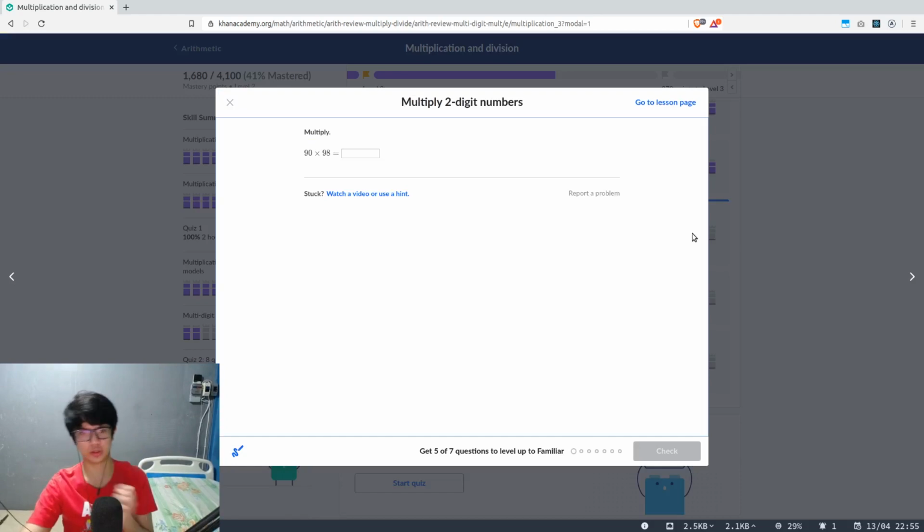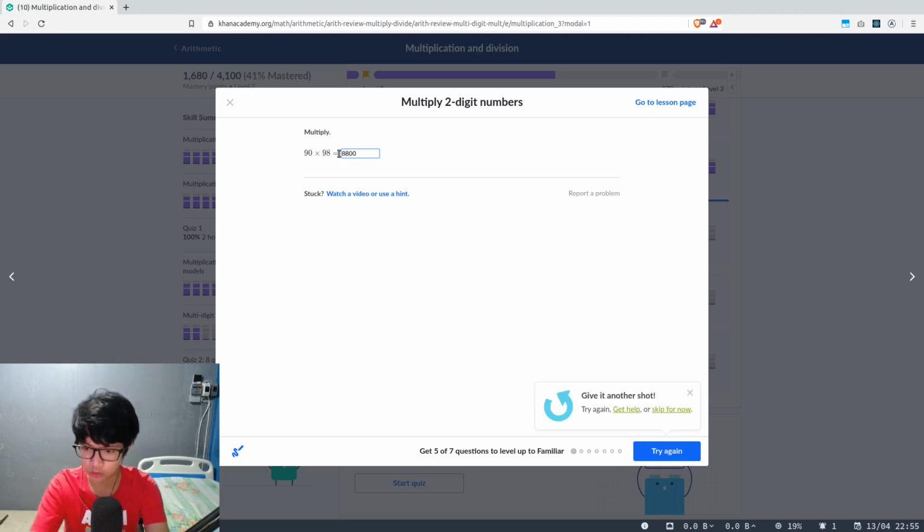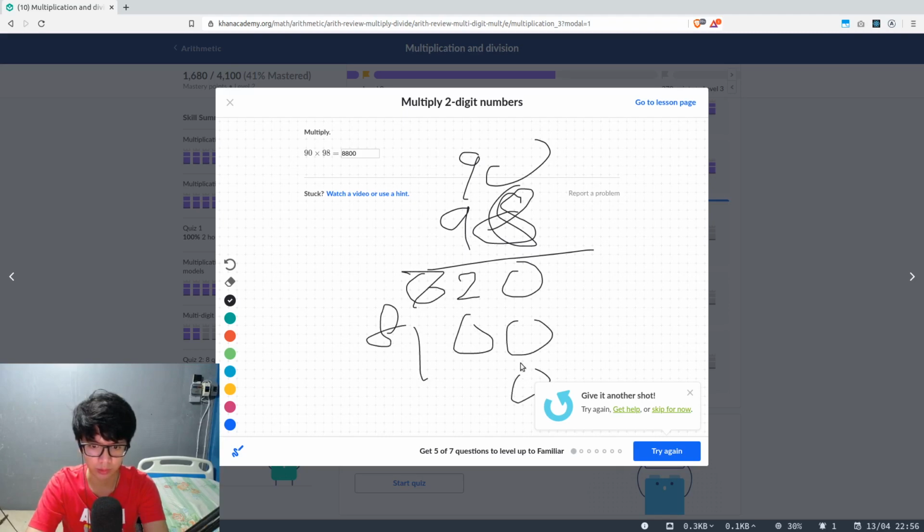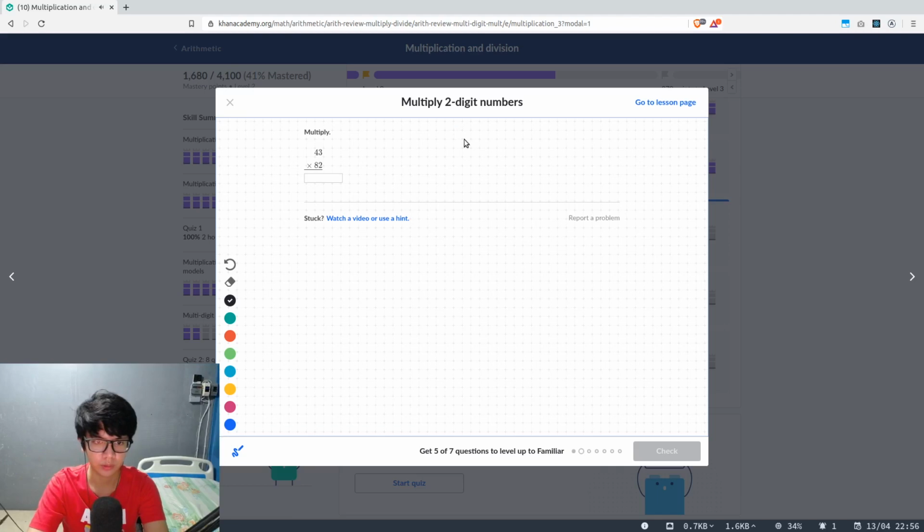Multiple digits. Alright, this one I need to write out the algorithm. We're going to use the standard algorithm now. Oh, holy shit! Are you kidding me? I have 0, then 81, 820. So 43 and 82.